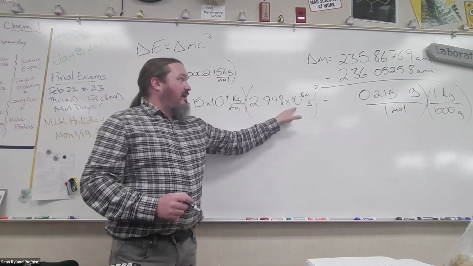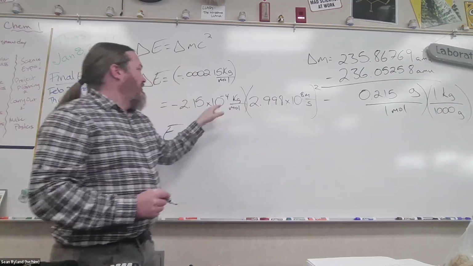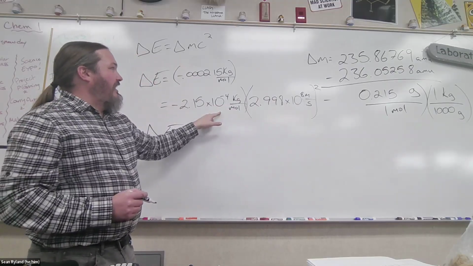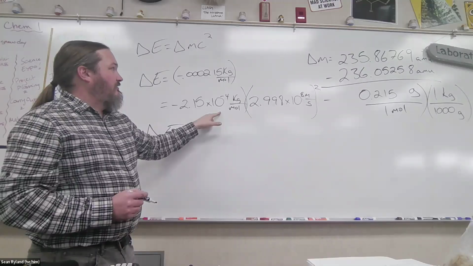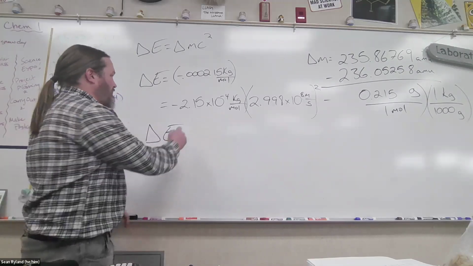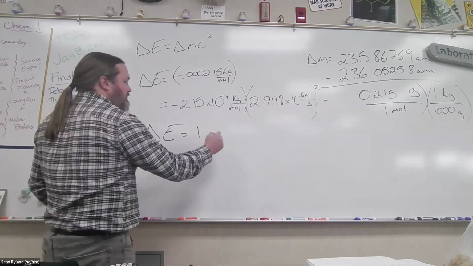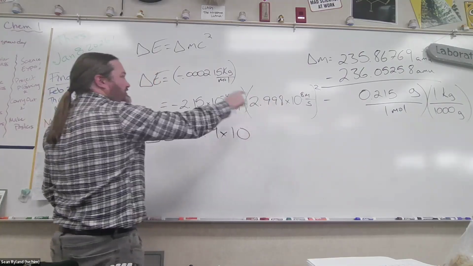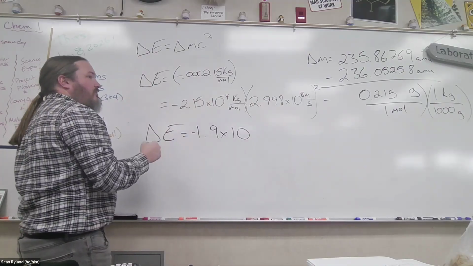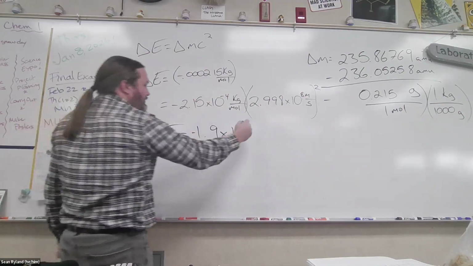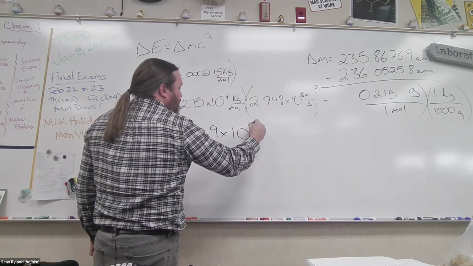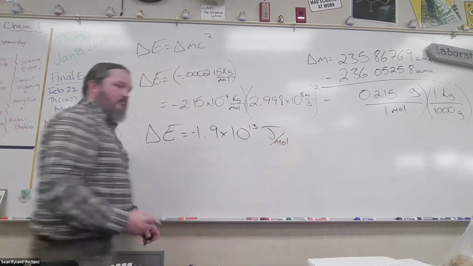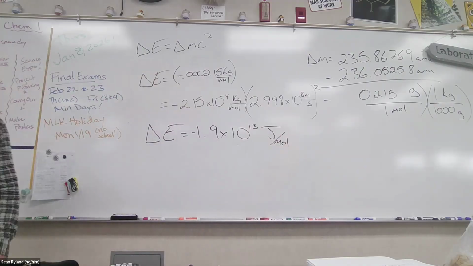We square that, we're going to get 9 times 10 to the 16 times 10 to the minus 4. We like 1.9 times 10 to the 13. Ten to the 16, 10 to the minus 4, it's 10 to the 12. Yeah, 10 to the 13. You should check me.